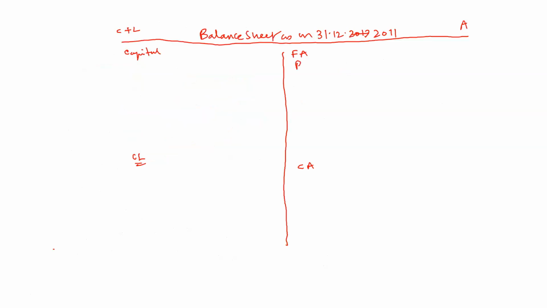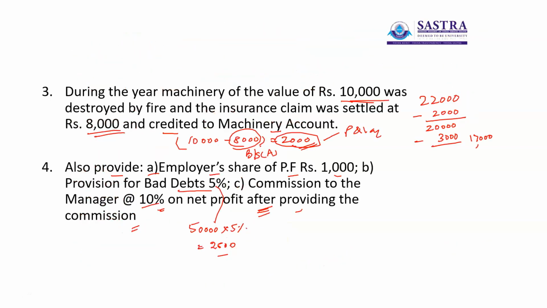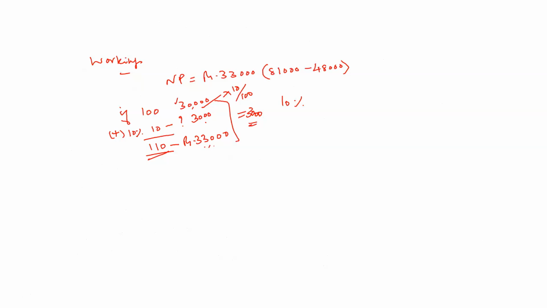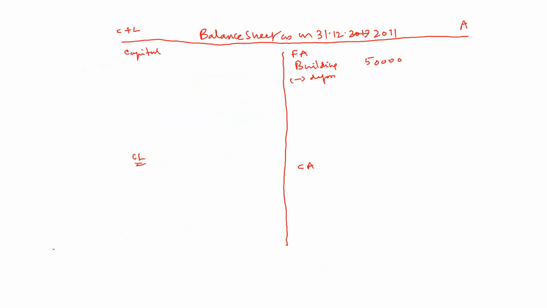So on the asset side, building, inner column 50,000 less depreciation, $2,500. So 47,500 is the value on this date.